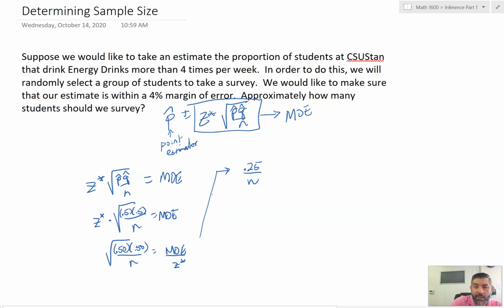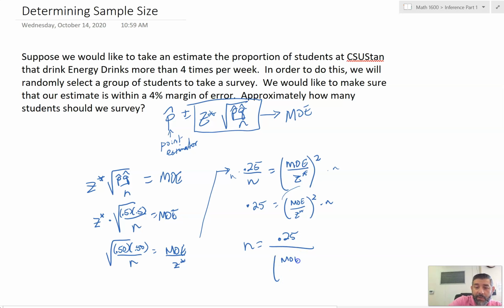So I'm going to square both sides. I'm going to multiply both sides by n, so I get 0.25 equals z star squared times n. And then I'm going to divide all of this stuff over to the other side so I can solve for n. N is what I'm solving for because that's my sample size.